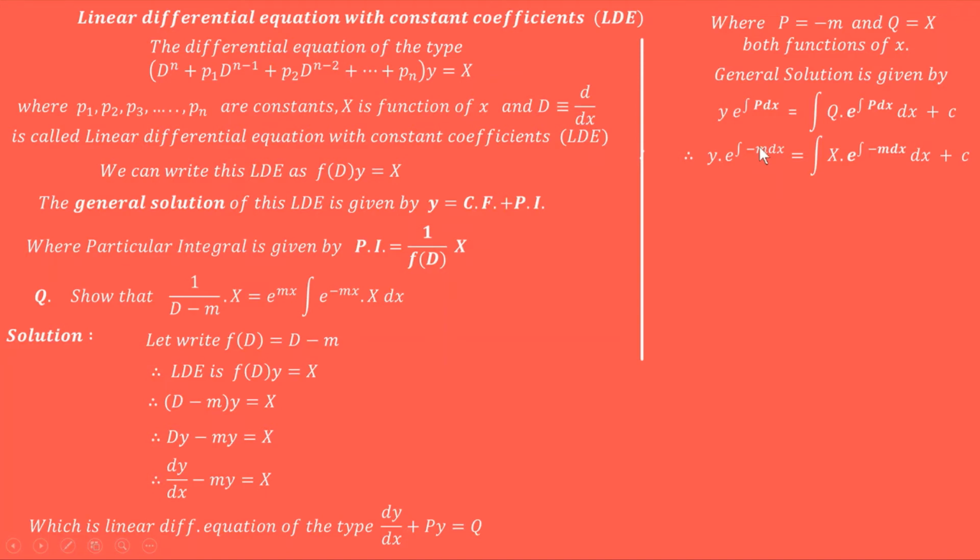Here m is constant, so take this -m outside of that integral, and so we get y e^(-m∫dx) = ∫ X e^(-m∫dx) dx + c. Integration of dx is x, and so we get y e^(-mx) = ∫ X e^(-mx) dx + c.